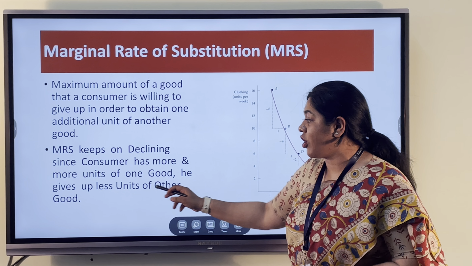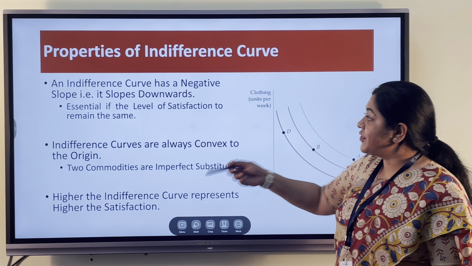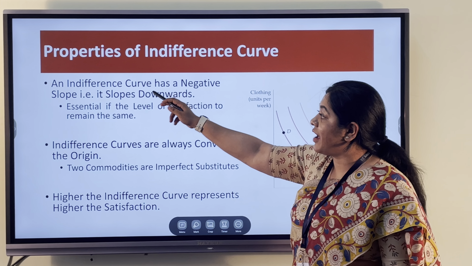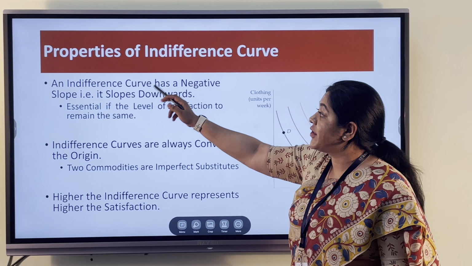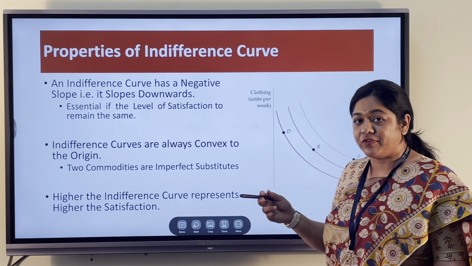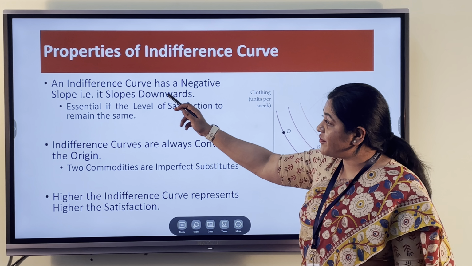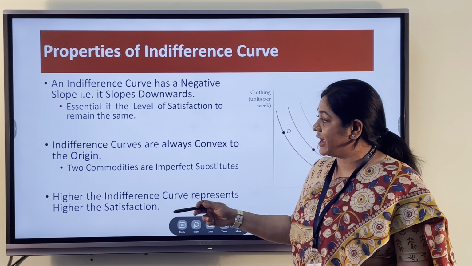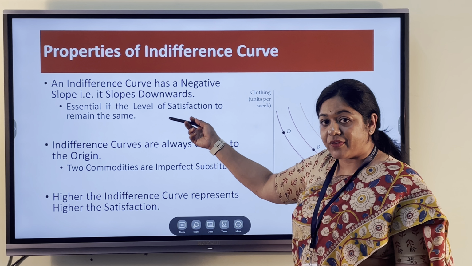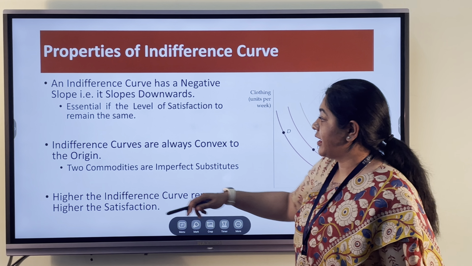Next come the properties of indifference curves. The first property, according to the diminishing MRS, is that an indifference curve has a negative slope, as it slopes downwards. With the diminishing marginal rate of substitution, the indifference curve always has a negative slope, because the level of satisfaction must remain the same.